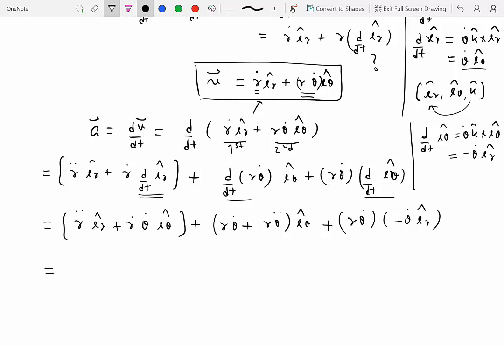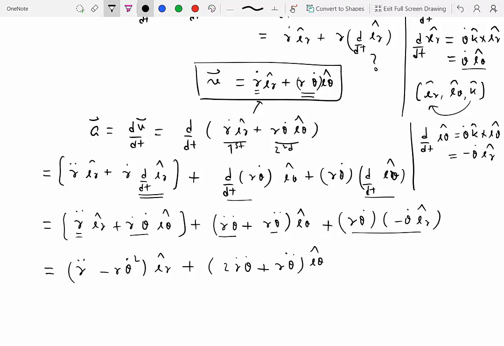So I'm going to collect all the coefficients of er hat first. So we have r double dot, we have minus r theta dot square, and that is the coefficient of er hat, plus r dot theta dot twice, so that's 2r dot theta dot plus r theta double dot, e theta hat.